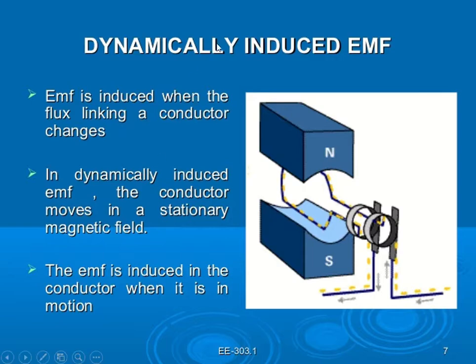Next, we can see dynamically induced EMF in detail. EMF is induced when the flux linking a conductor changes. That is known as induced EMF. In dynamically induced EMF, two cases are there. Either you rotate the magnet or you rotate the coil, keeping the other stationary. Here, for example, is rotating the coil with the magnet stationary.